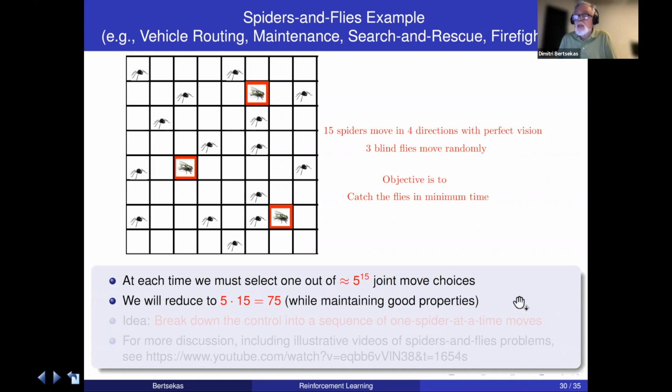For example, we're going to discuss rollout algorithms that work just as well with that many choices as with that many choices. And the idea for that is reformulation and change of the control space. Change the problem where the control does not consist of the joint moves of spiders, but rather consists of a sequence of one spider at a time move. So there are 15 moves of that type, each one with 5 possibilities, and the total is 75.